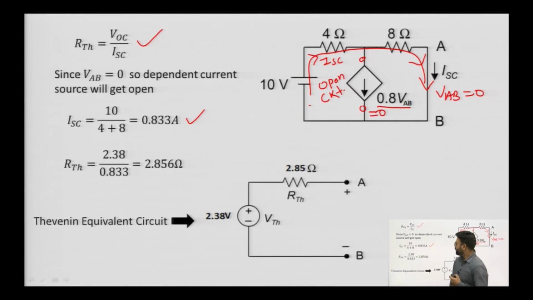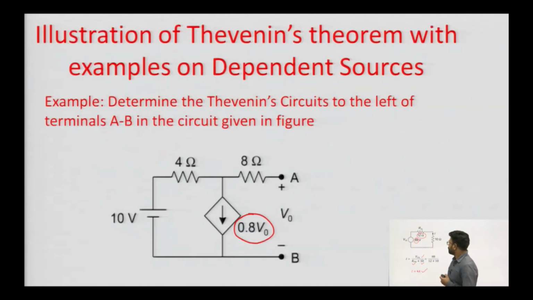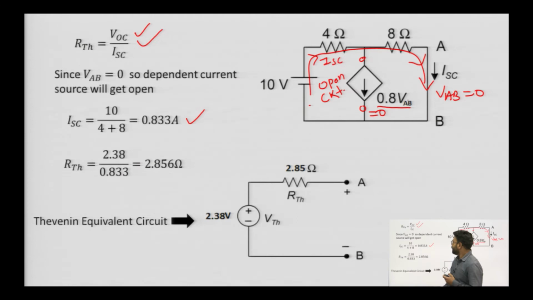Now, RTH is defined as VOC, the open circuit voltage that we found here, which is 2.38 volt, divided by the short circuit current, 0.833 ampere. So RTH is 2.38 divided by 0.833, which gives 2.856 ohm.